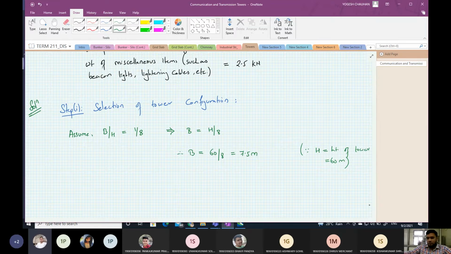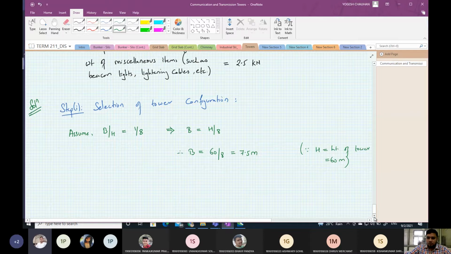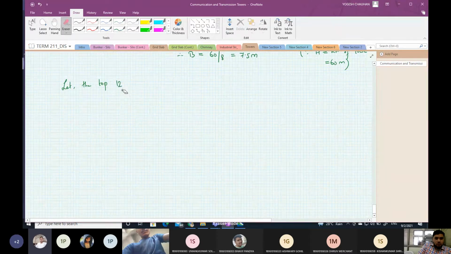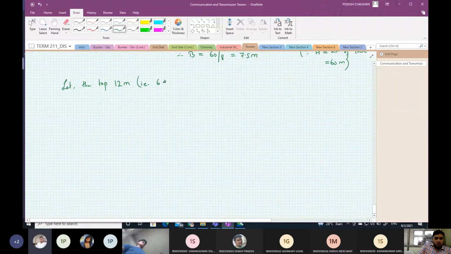So we have the top width and the bottom width of the tower. Now let us assume that the top 12 meter is a straight portion, that is 6 panels at the rate of 2 meter, equals 12 meter.